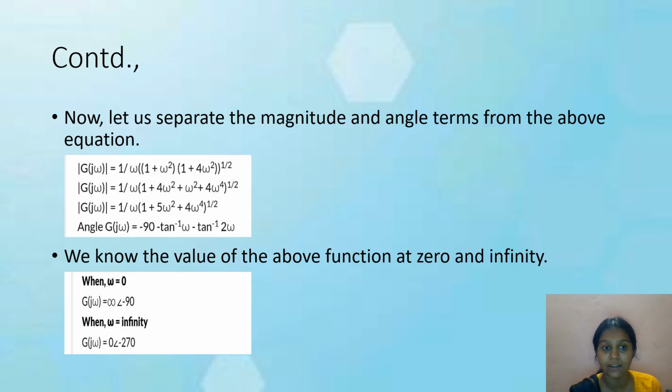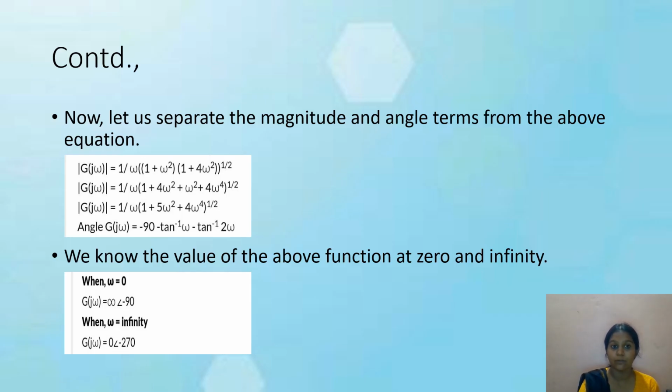Here we take the modulus of G(jω) = 1 / (ω((1+ω²)(1+4ω²))^(1/2)), which is 1 / (ω(1 + ω² + 4ω² + 4ω⁴)^(1/2)), and finally 1 / (ω(1 + 5ω² + 4ω⁴)^(1/2)).